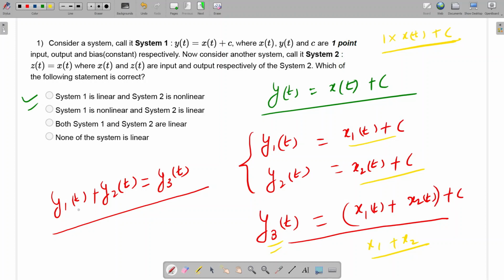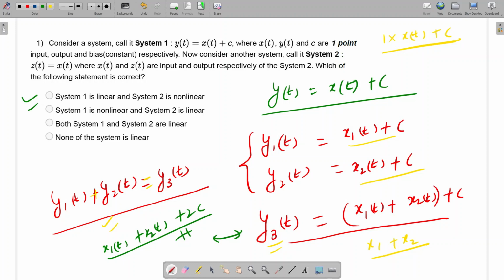If y1(t) + y2(t) is equal to y3(t), then our system will be linear. But here, y1(t) + y2(t) gives x1(t) + x2(t) + 2c. This is not equal to y3(t).